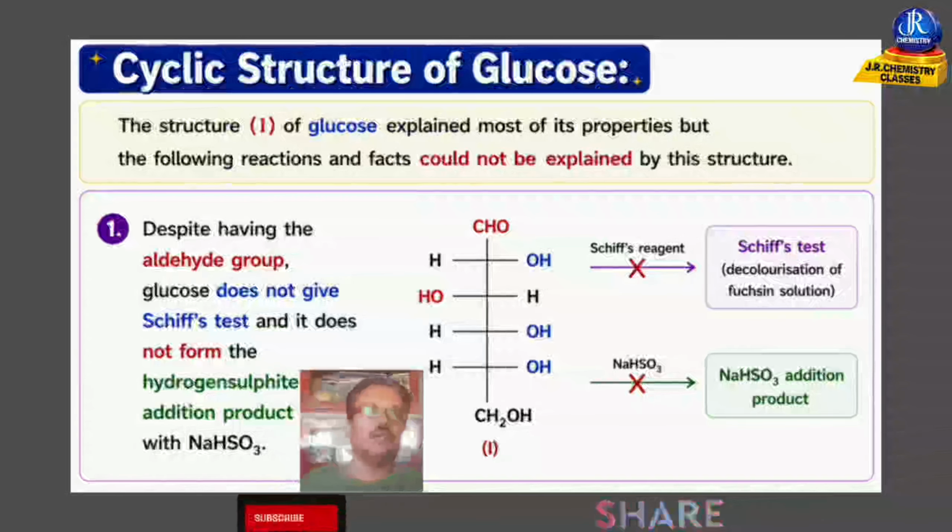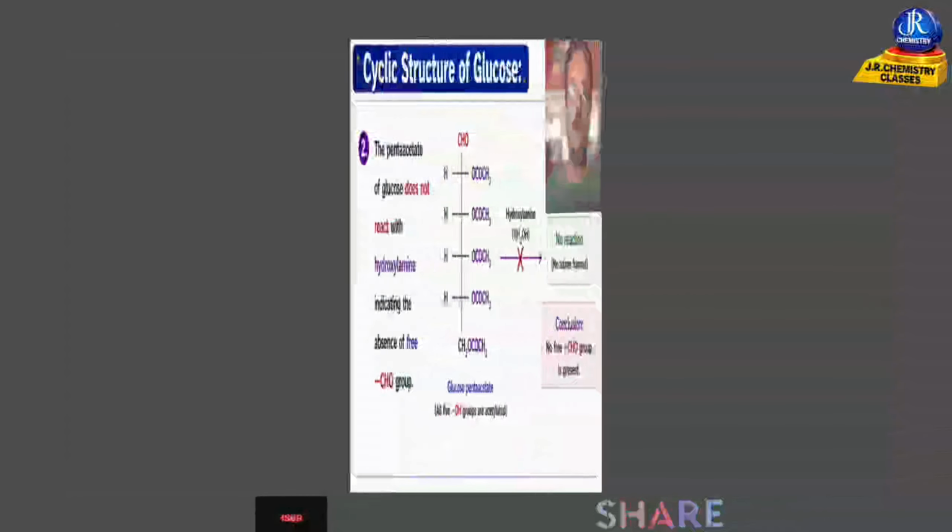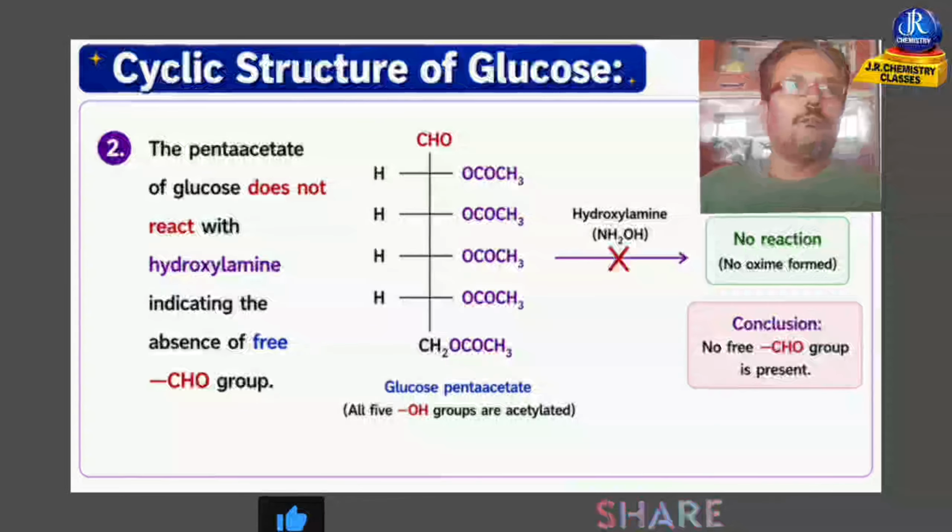Number one, despite having the aldehyde group, glucose does not give Schiff test and it does not form the hydrogen sulfide addition product with NaHSO3. Number two, pentaacetate of glucose does not react with hydroxylamine, indicating the absence of free —CHO group.